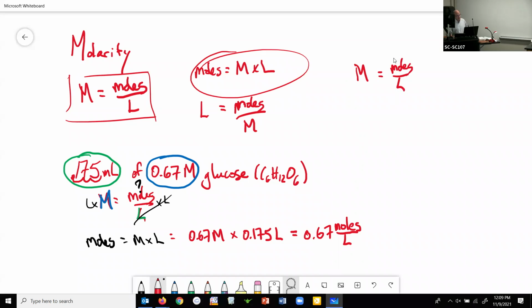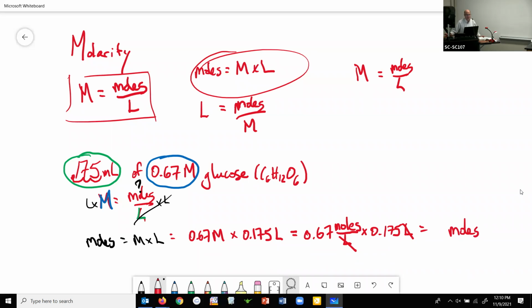The downside to moles per liter is it takes longer to write out, so a lot of times we'll write the capital M just because it's faster. But you have to recognize that the capital M represents a ratio. It represents how much of this to how much of that, specifically how many moles to how many liters. The reason that's helpful is because when you multiply by a volume, the liters cancel out and the only unit you have left over is moles.